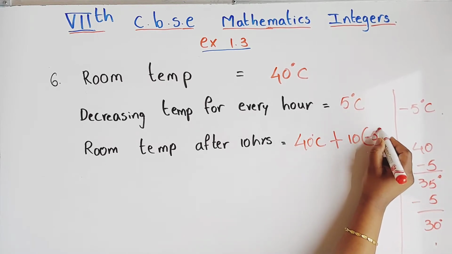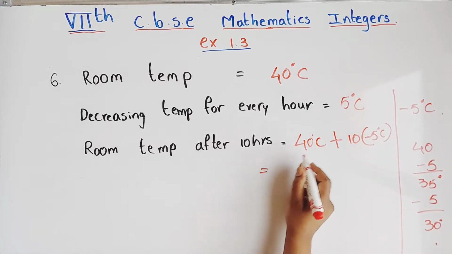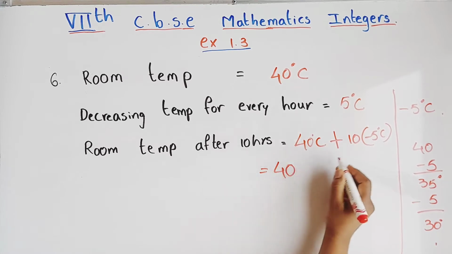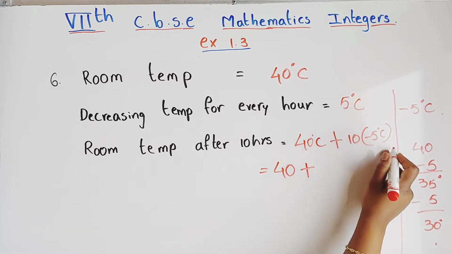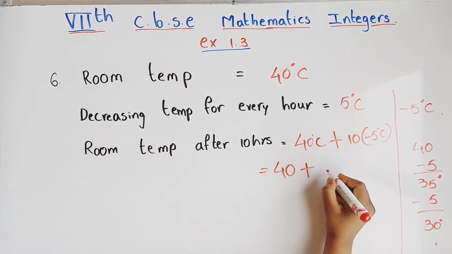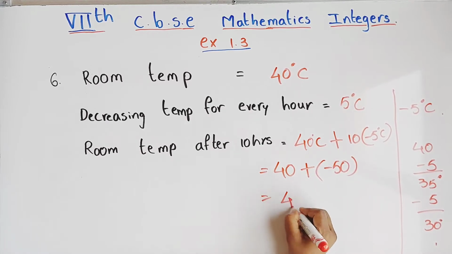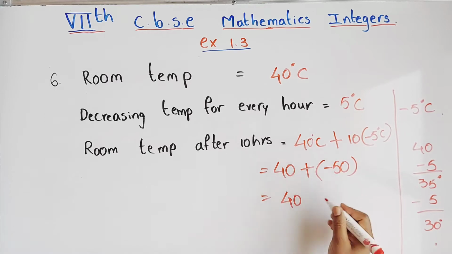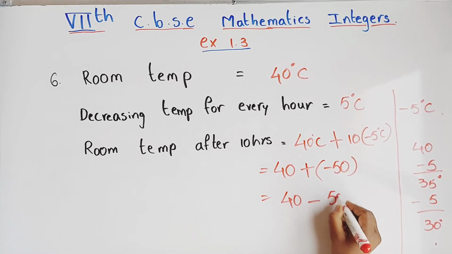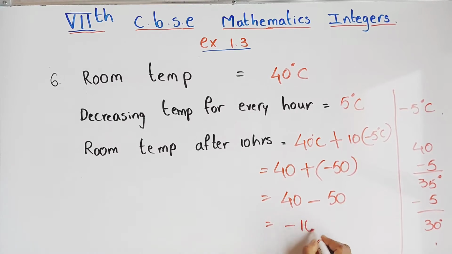It is decreasing. 40, 10 5s are 50, minus here, so minus 50. 40 I am writing as usual, plus minus 50. 40 minus 50, how much, children? Minus 10 degrees Celsius. So the room temperature after 10 hours is minus 10 degrees centigrade. Clear?